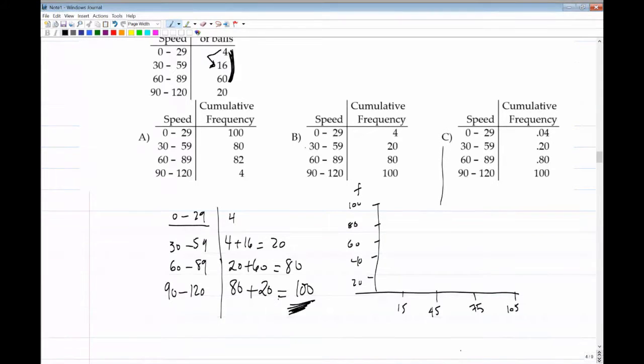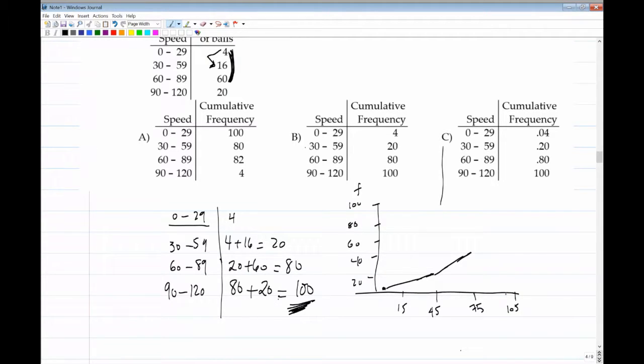So you can see very clearly the first class, between 0 to 29, we have 4, which is very small, very close to the x-axis. Then the next class will be 20, which is right here. The frequency is going to be building up.